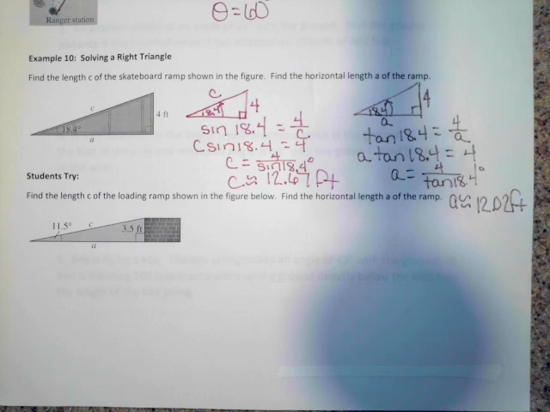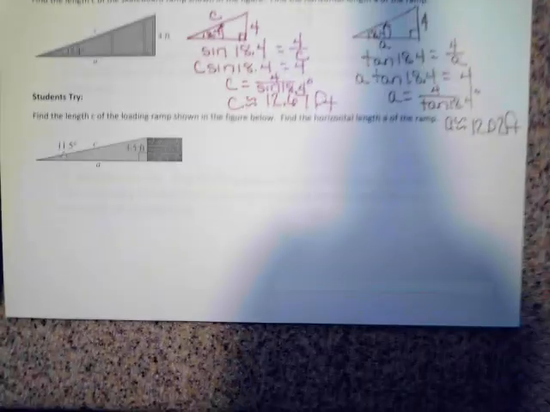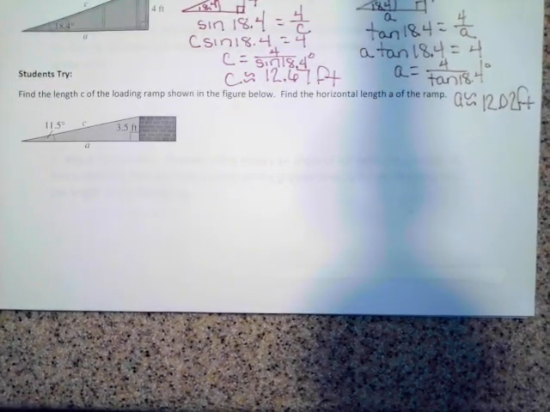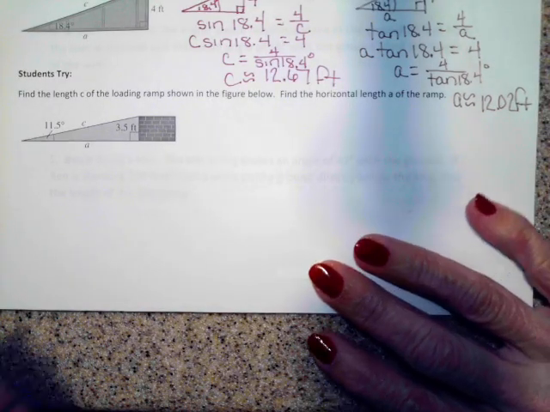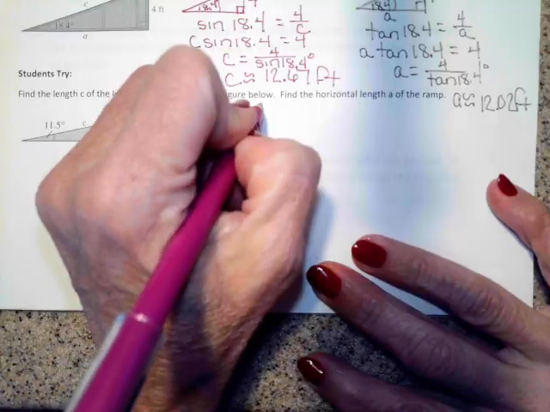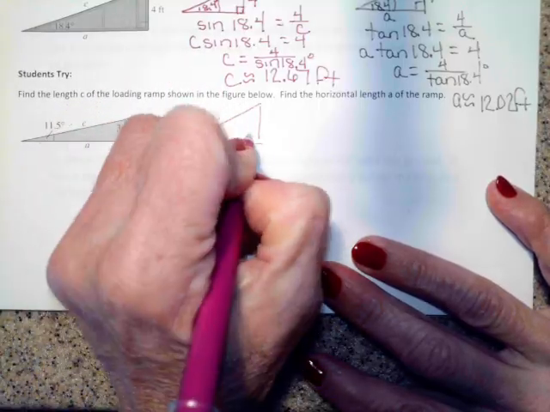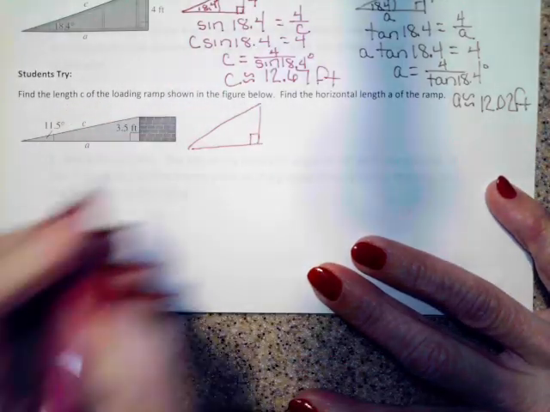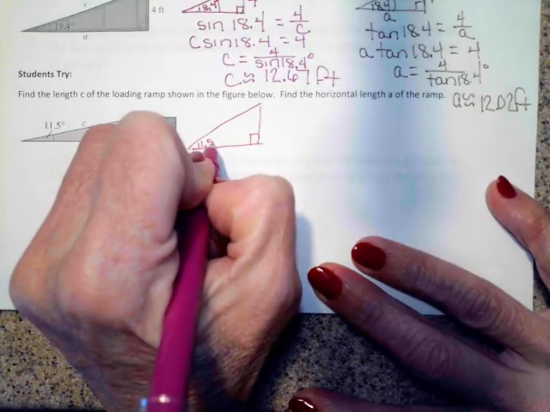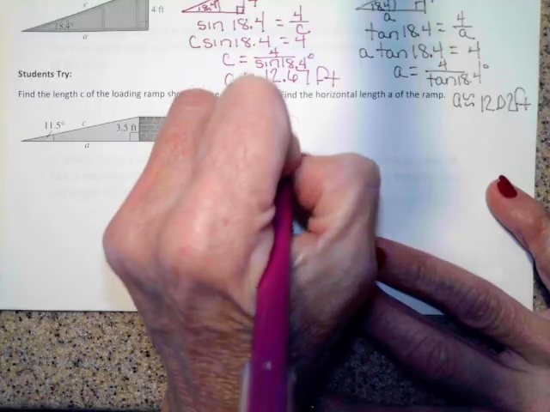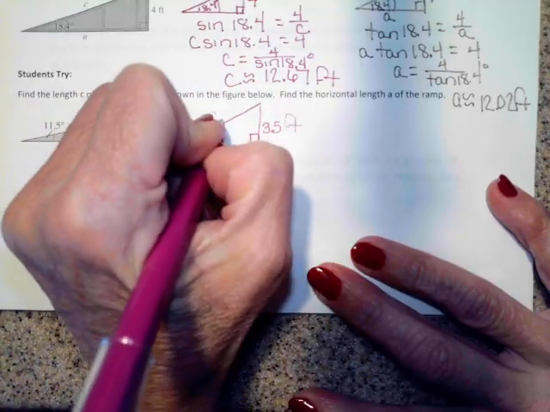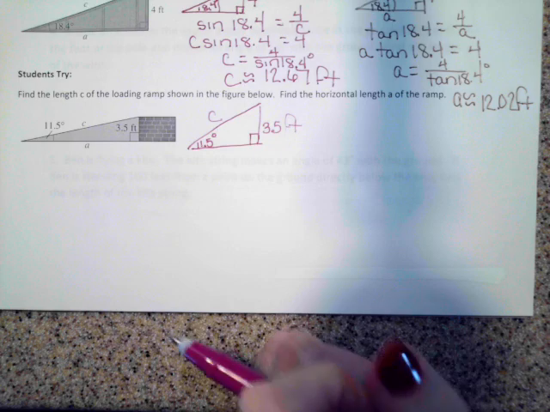Now you take a minute or two and try the student try. So I'm going to do two triangles again. This is an 11.5 degree angle. This is 3.5 feet. And I'm going to find C first.